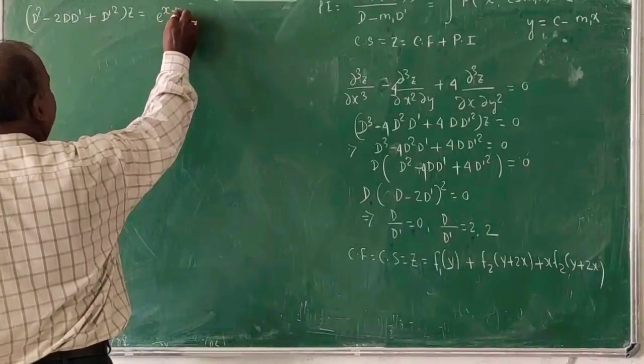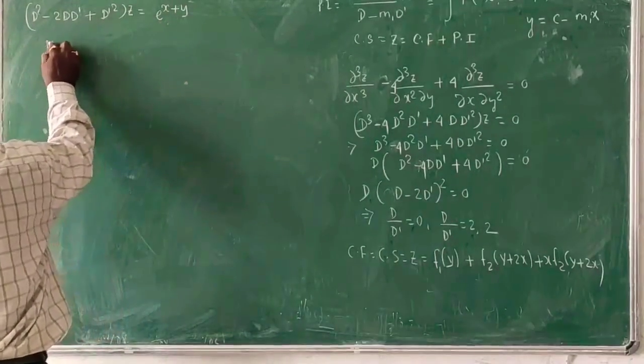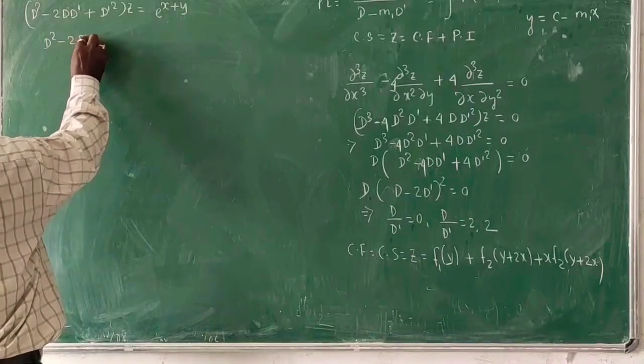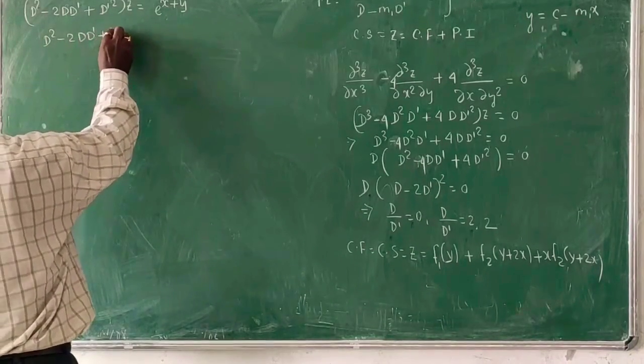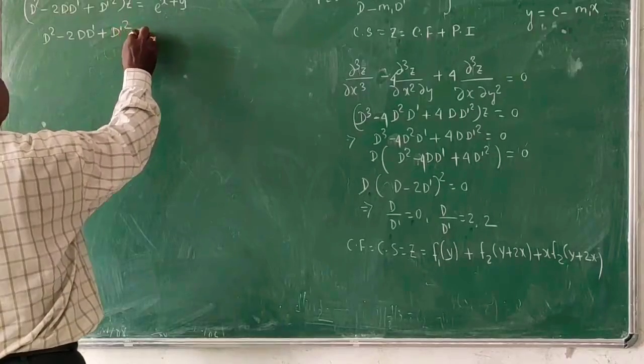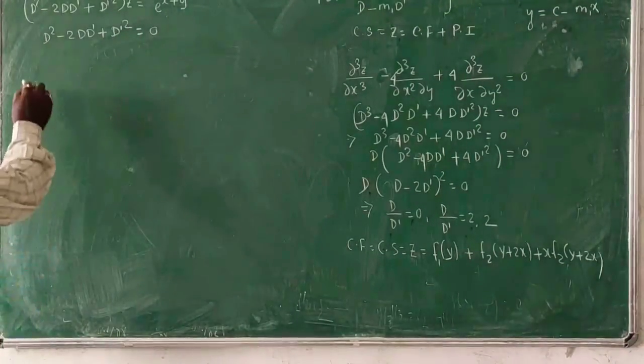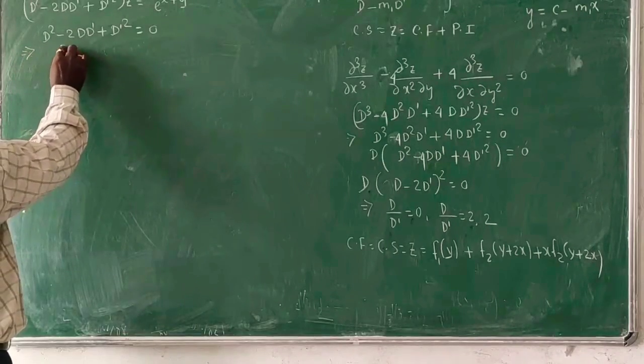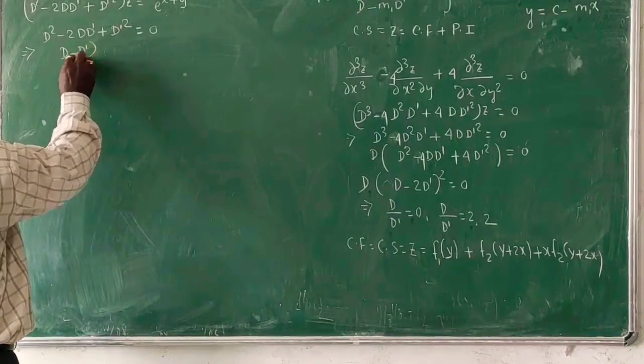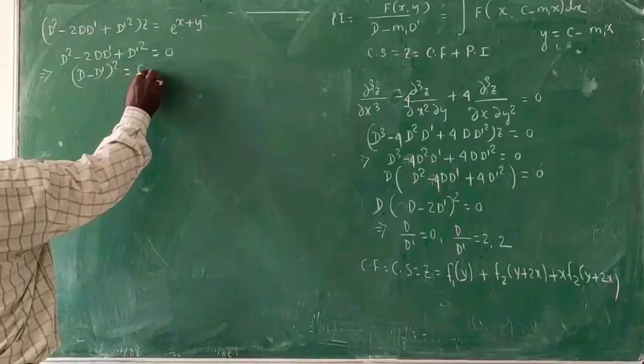Now you solve this differential equation. This is d square minus 2 d d dash plus d dash square is equal to 0. Now this can be written as d minus d dash whole square is equal to 0.